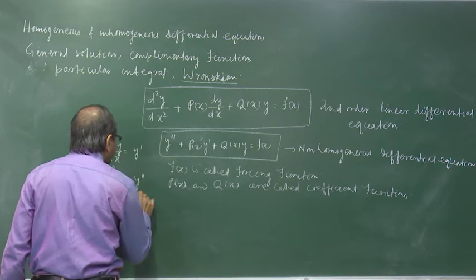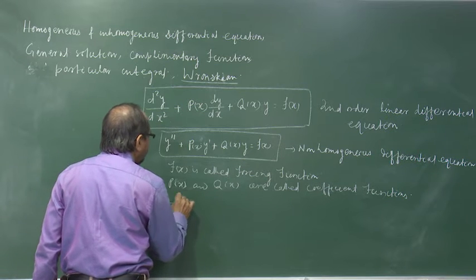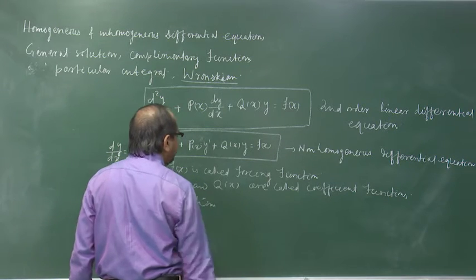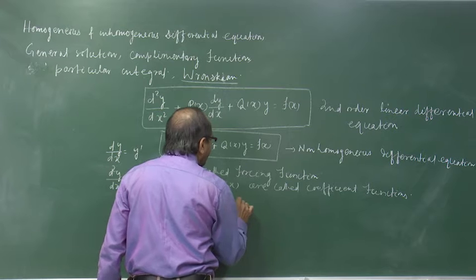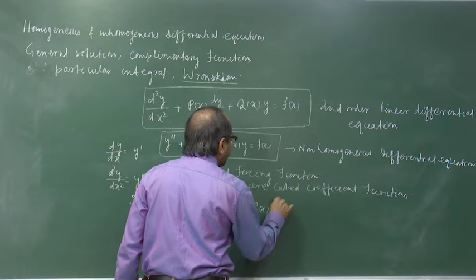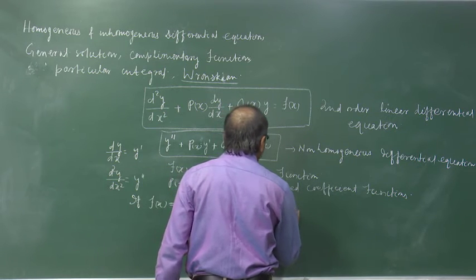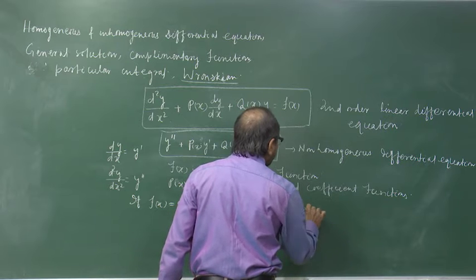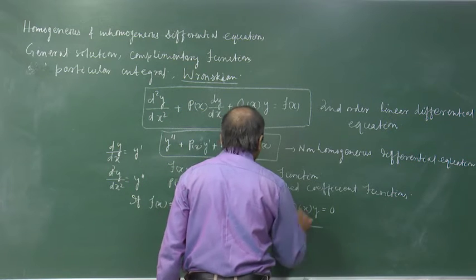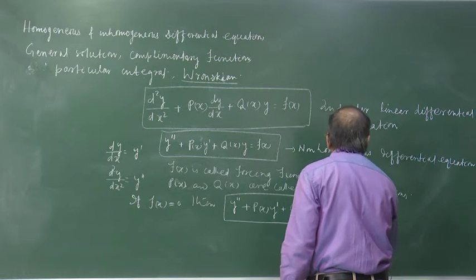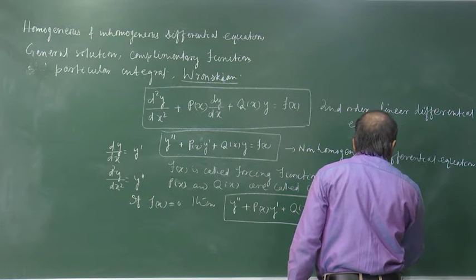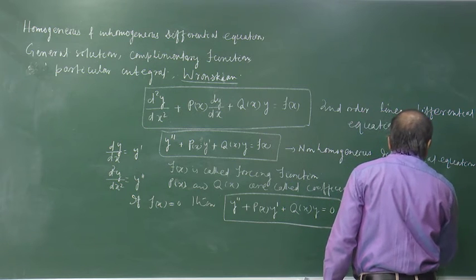If f of x is equal to 0, then this equation becomes y double dash plus p of x into y dash plus q of x into y is equal to 0. Then this equation is called a homogeneous differential equation.